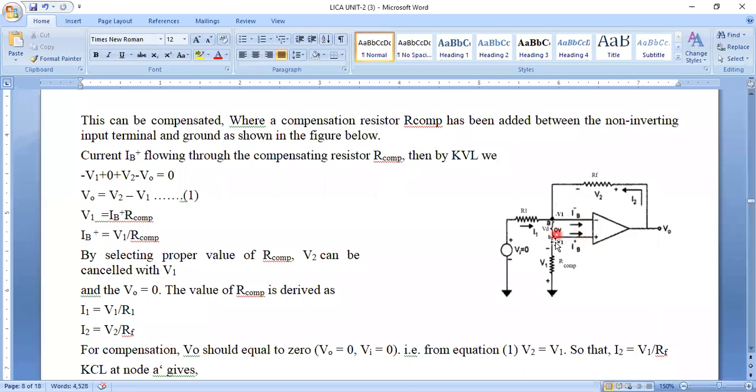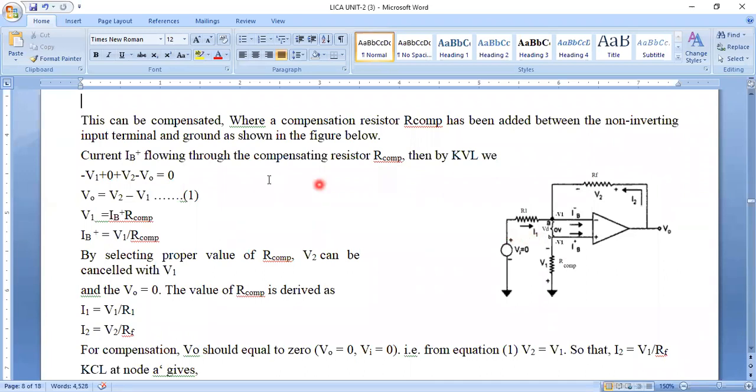If we apply KVL to this circuit, what will the KVL expression be? Minus V1 plus 0 plus V2 minus V0, the output voltage, is equal to 0. Here the input terminals are at 0, so the difference between the inverting and non-inverting terminals is 0.